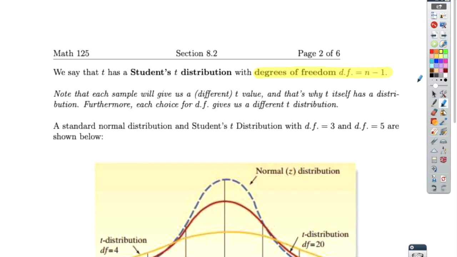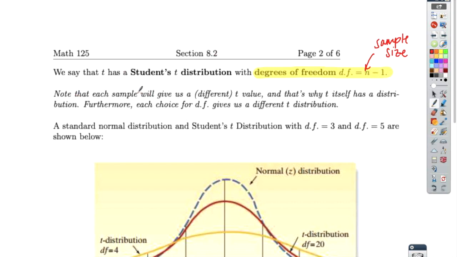Degrees of freedom are just defined as your sample size n minus 1. So if your sample size is 20, then your degrees of freedom would be 20 minus 1, so 19. If your sample size is 50, then your degrees of freedom would be 49.